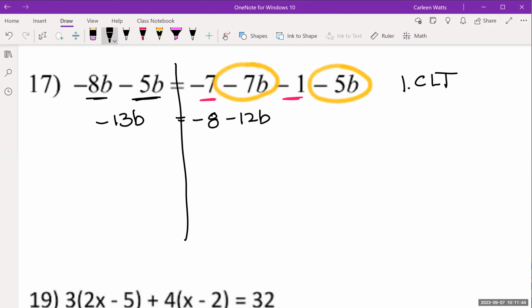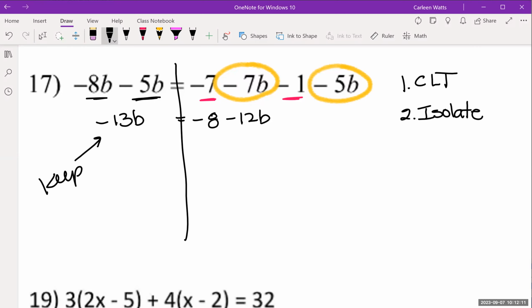Okay, so I did a lot of house cleaning, combining like terms. Notice I don't combine across the equal sign. Okay, next step, isolate your variable. So I'm going to go ahead and keep this side, even though it's more negatives.